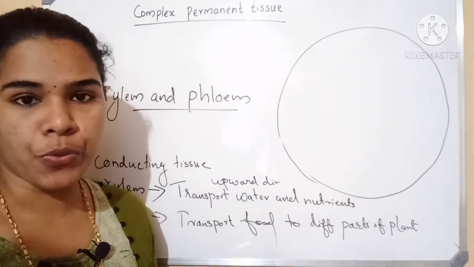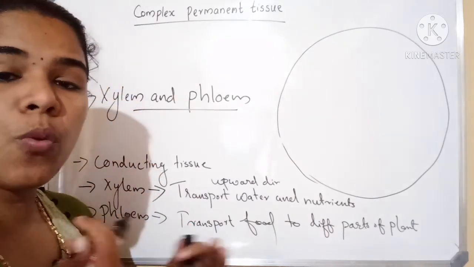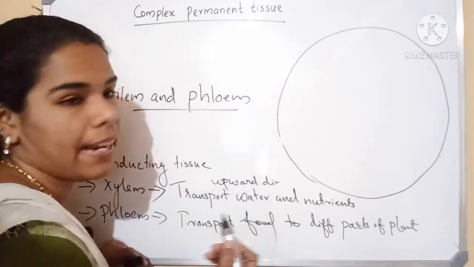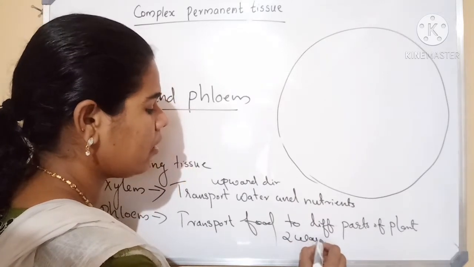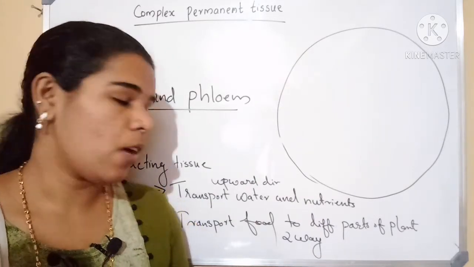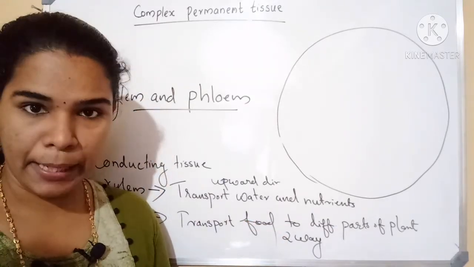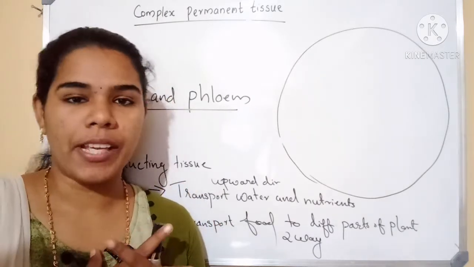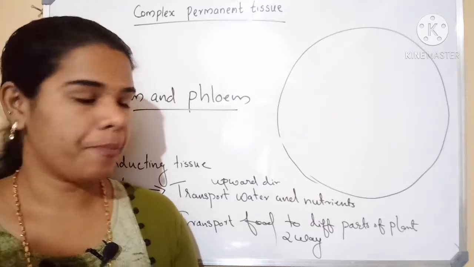Phloem can transport materials in a two-way direction, upward and downward, whereas xylem moves only upward.